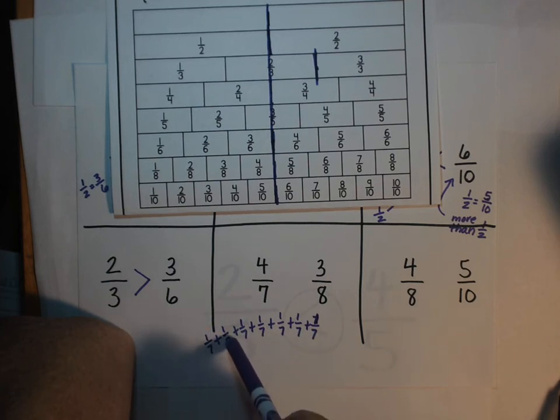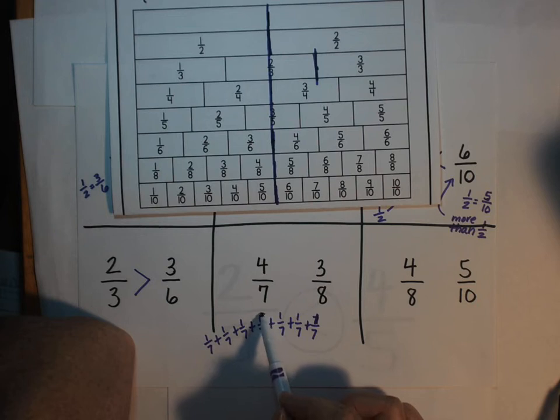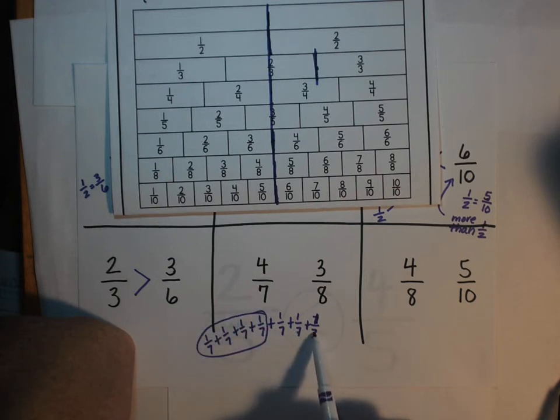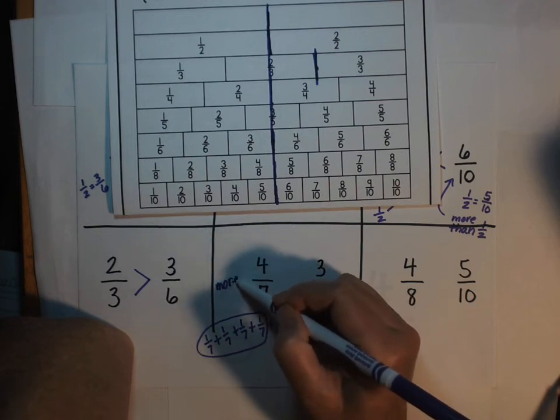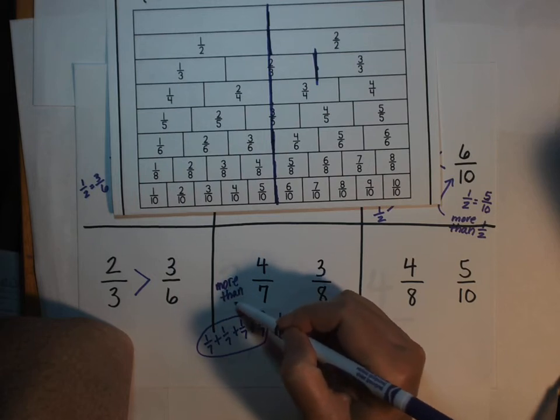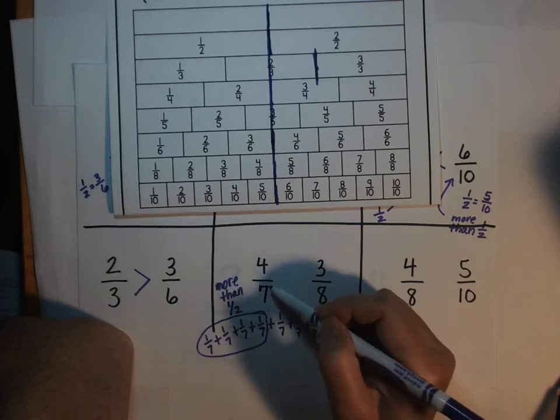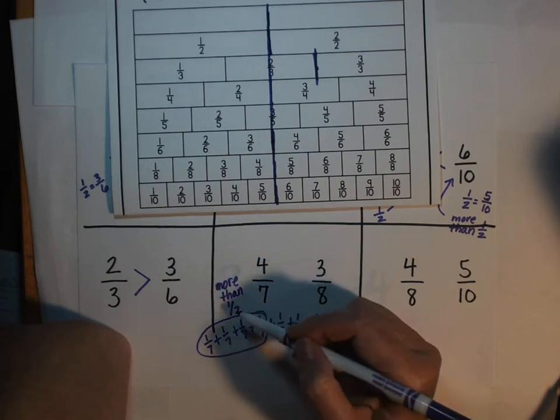So 1, 2, 3, 4, and then 1, 2, 3 tells me that 4/7, if I have 1, 2, 3, 4 on this side and 1, 2, 3 on this side, is a little bit more than 1/2. 4/7 is a little bit more than 1/2.